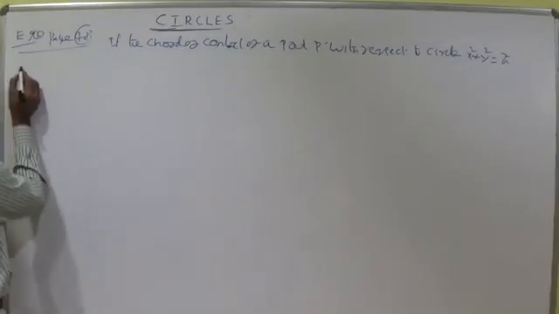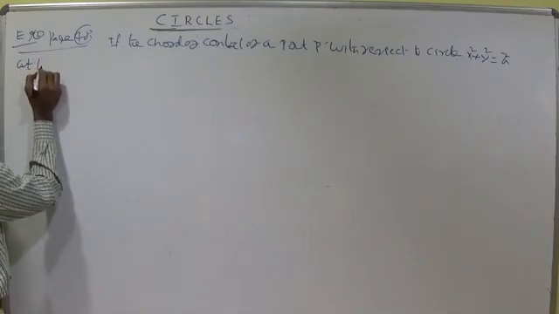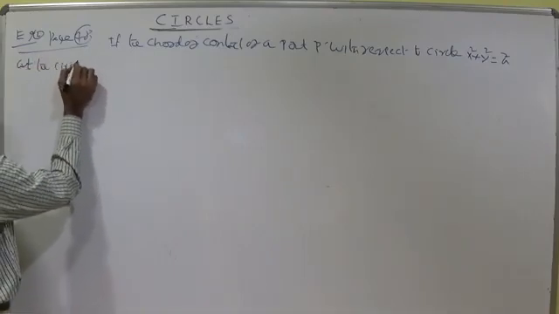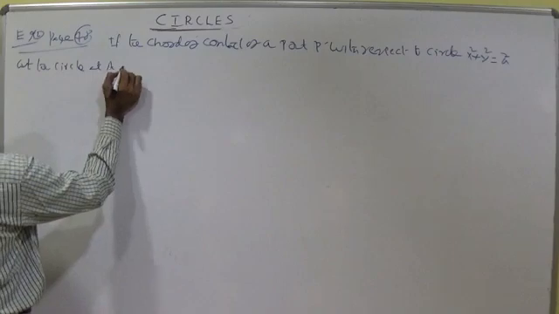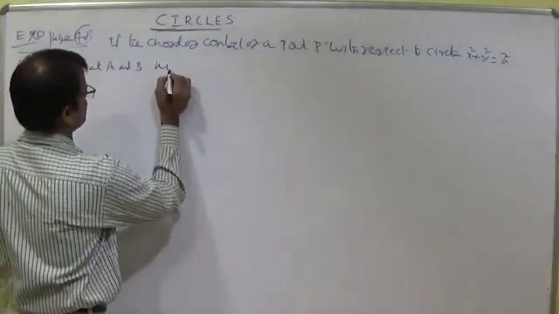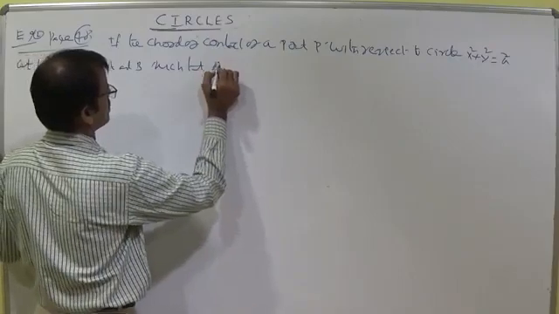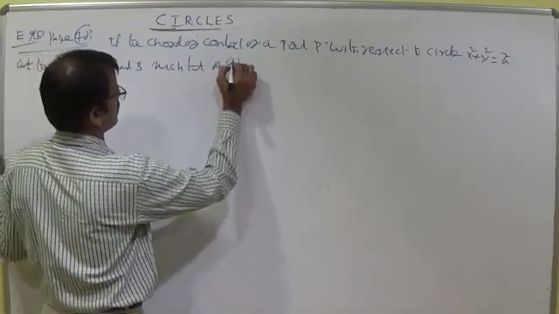Cuts the circle at A and B such that angle AOB is equal to 90 degrees. Such that, put like this.